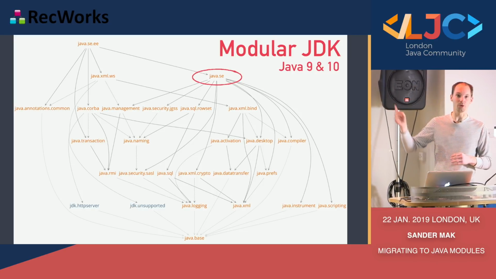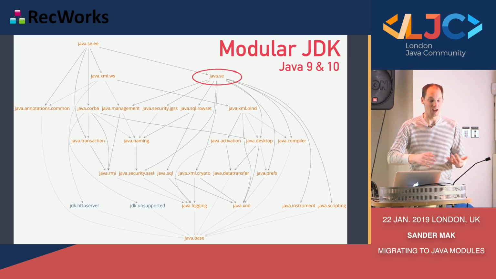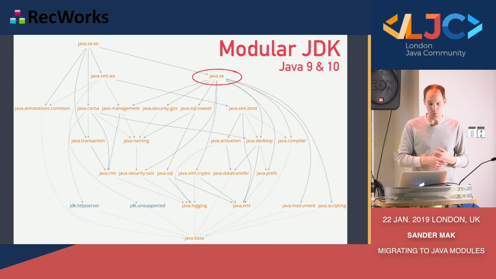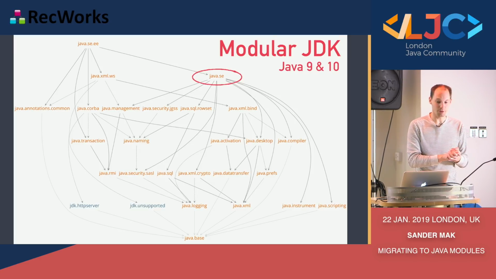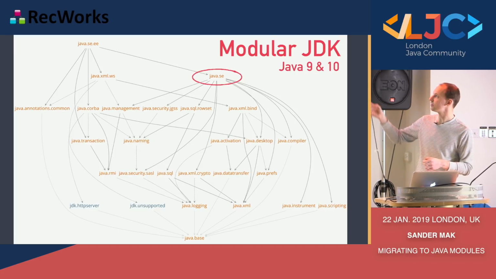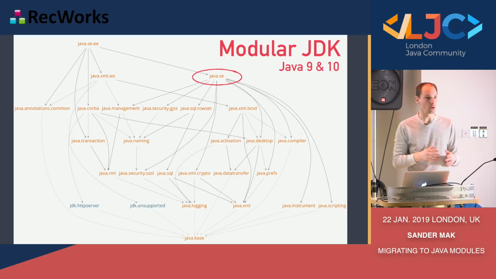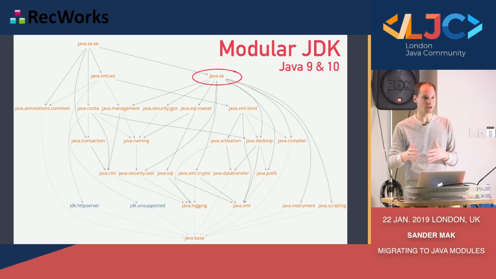Every module reachable from java.se is part of the Java SE specification and will be maintained. But they didn't want to remove things prematurely, so in Java 9 and 10, these modules in java.se.ee were still available. You had to do some tricks to use them, but they were still there.